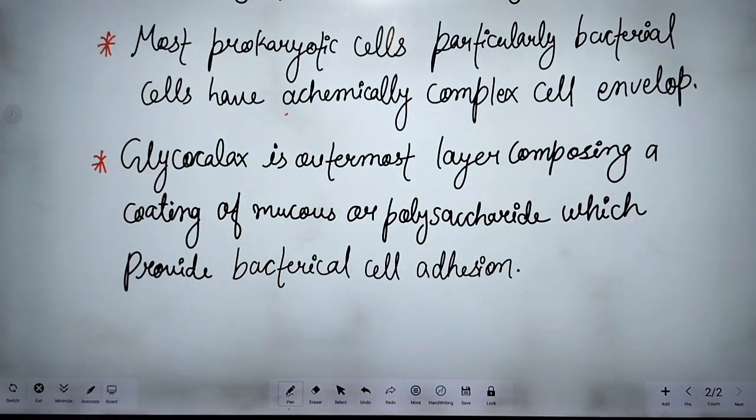The outermost layer is called glycocalyx. It is the outermost layer composed of a coating of mucus and also polysaccharides, which protects the cell and also provides bacterial adhesion, which means to stick.